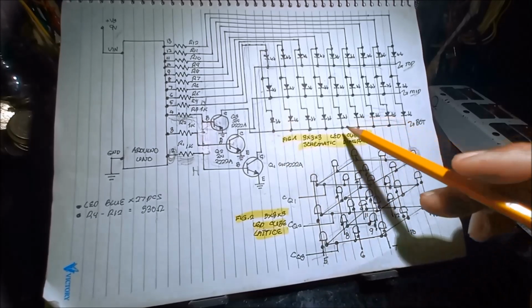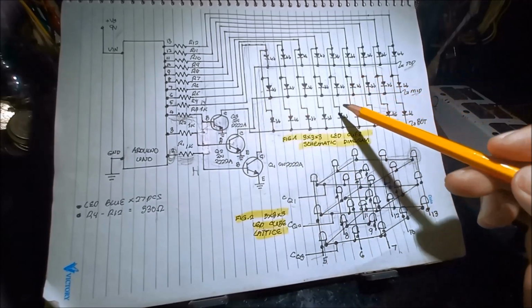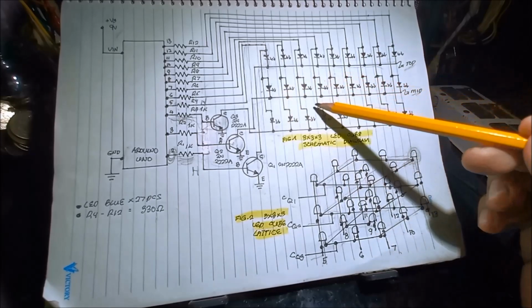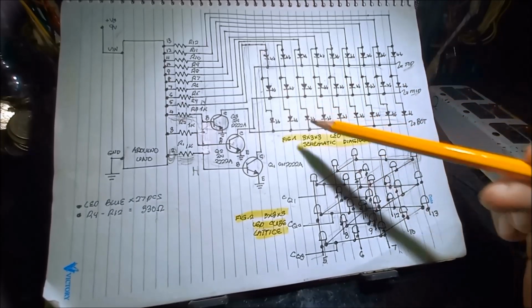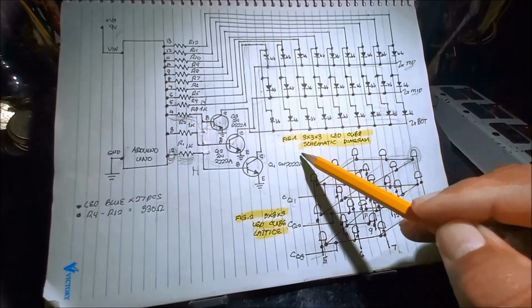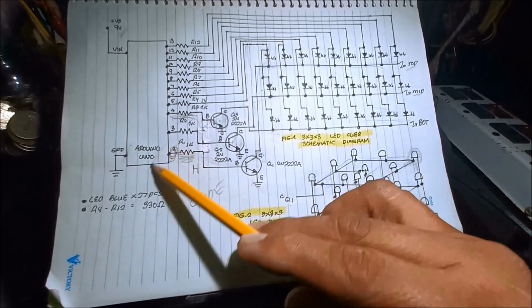All these LEDs are active. So it's a matter of multiplexing signals, I mean multiplexing these LEDs. You can see that in the code, especially the code used in Arduino Uno.